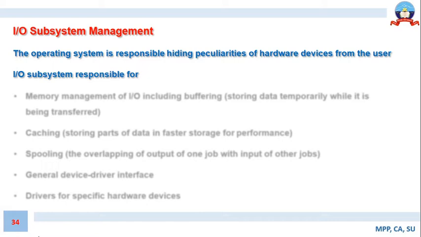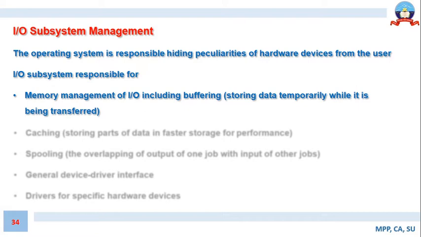Now, IO subsystems are responsible for memory management of IO devices. This is a very important task associated with the IO devices, because as we all know, a computer system is a collection of components where the different components operate at different speeds. If you want a central processing unit to interact with the IO device on behalf of the user, the central processing unit generates data at very high speed, whereas an IO device may not be capable of collecting the data at the same speed.